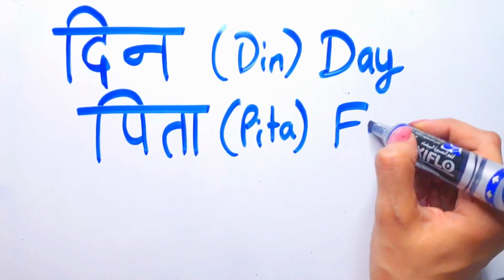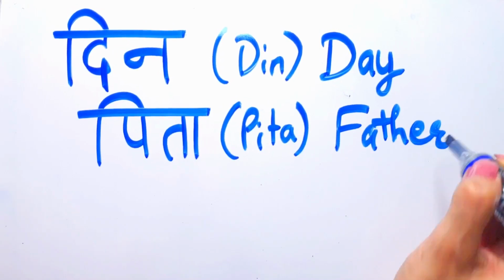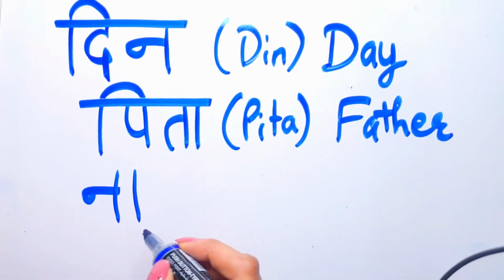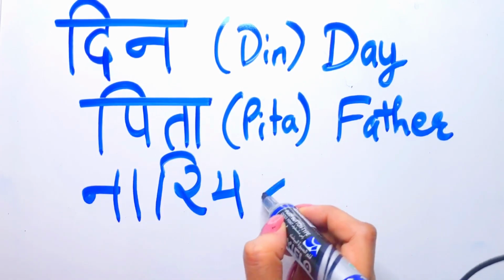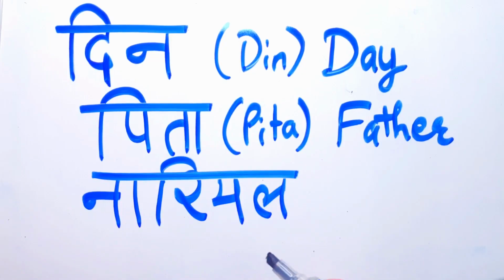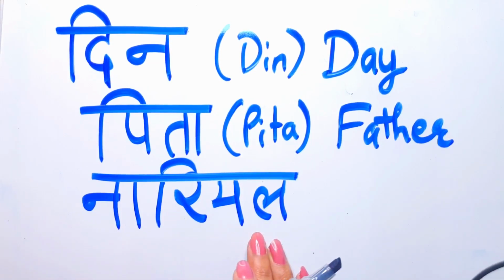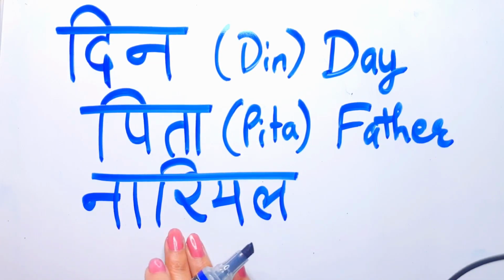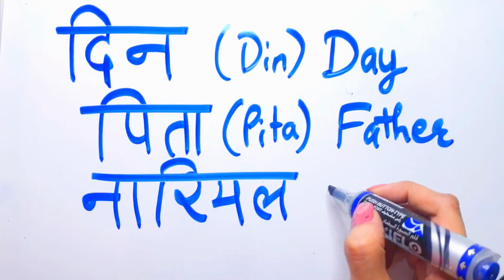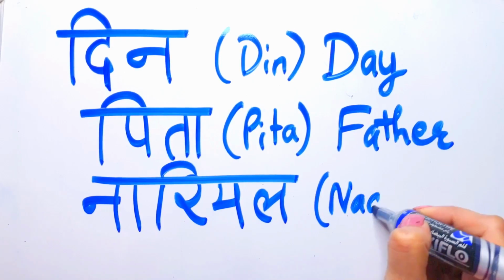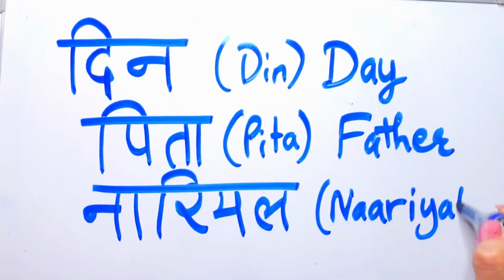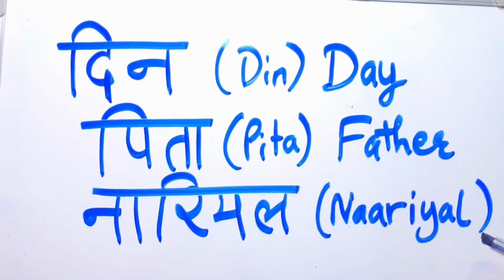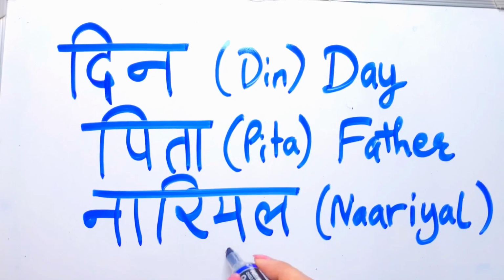Pita means father. Na, ri, ya, la. This is a longer word. Nariyal. Na, ri, yal. Nariyal. Nariyal means coconut.